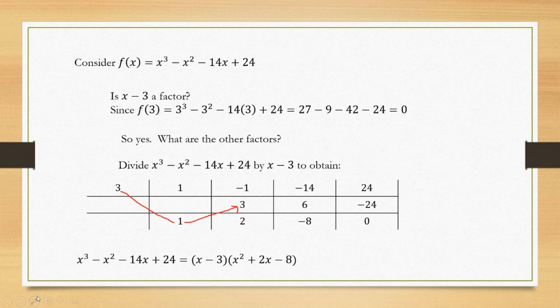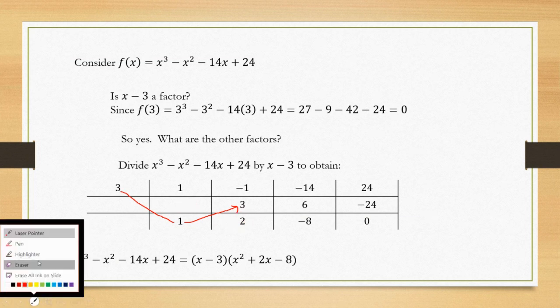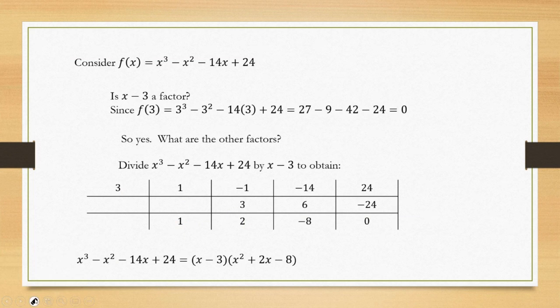So what's going to happen now? What happens next is you do 3 times this 2, and that product, which is 6, goes up here. And basically you're going to keep on doing this until you get to the last column.